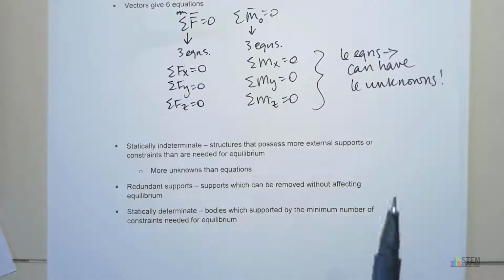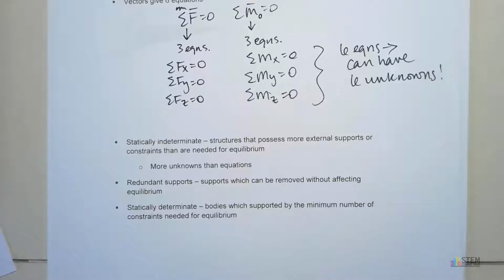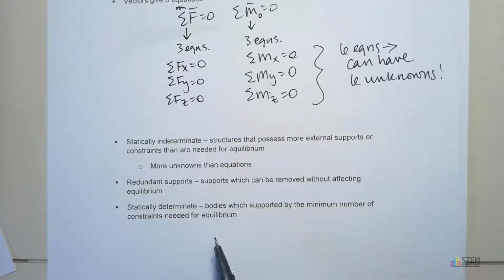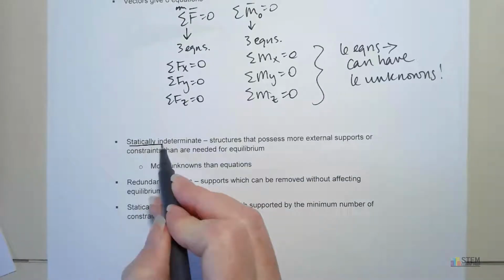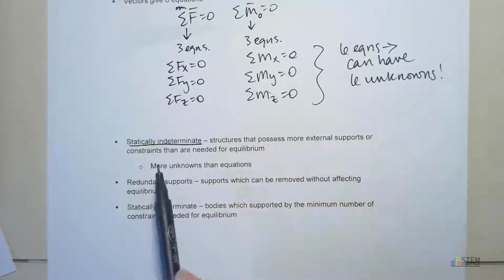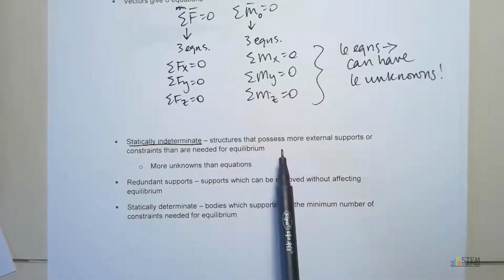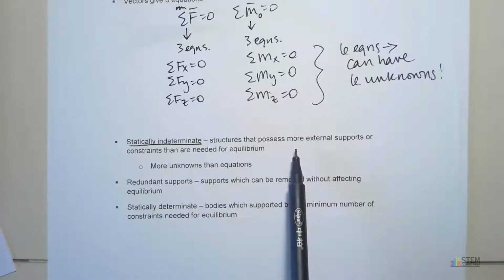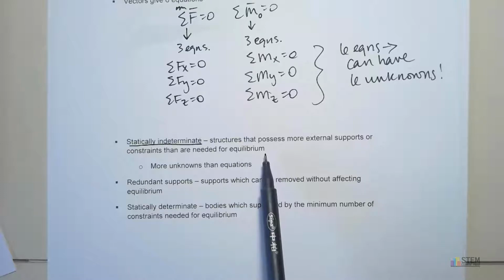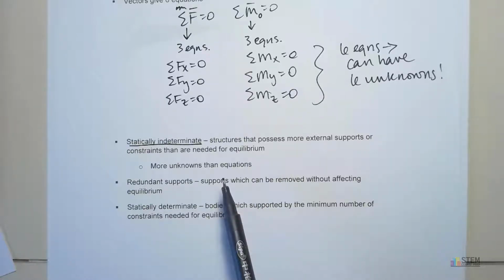I know you're excited. Now before we get to the examples, 3 more definitions we need to cover. Statically indeterminate. If you hear statically indeterminate, what that means is your structure is going to possess more external supports or constraints than what you need for equilibrium. Basically, you could remove some of those supports and you'd still have equilibrium.